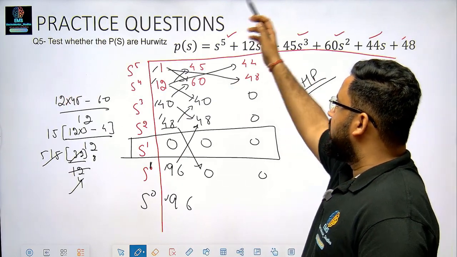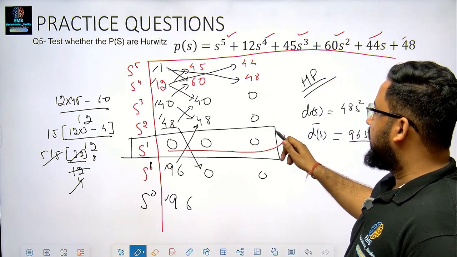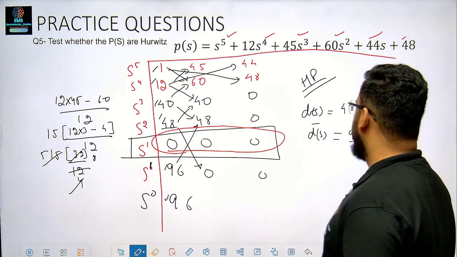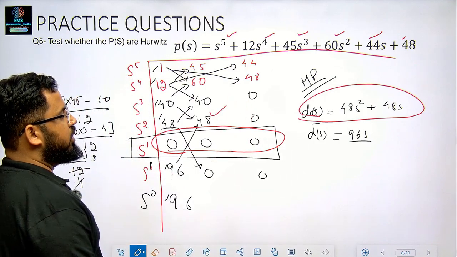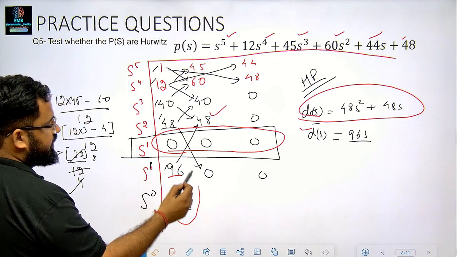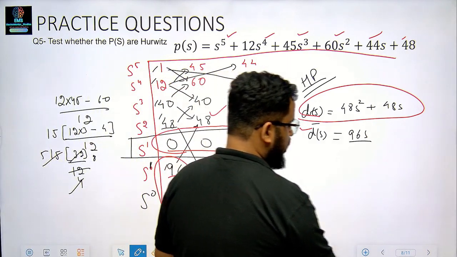Moving ahead, we did all the same things, but if the complete row is 0, then the process changes. We pick up the value from the previous row, we differentiate it, we get the polynomial, we start calculating ahead. If all the rows are positive, it becomes a Hurwitz polynomial.